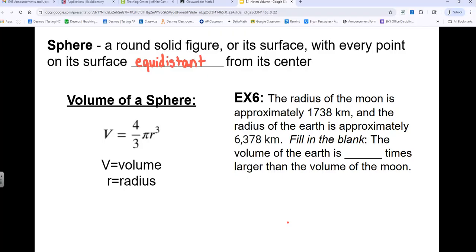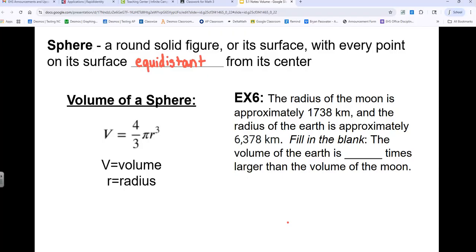Okay, so just looking at this question, if the moon has a radius of like 1,700-ish and the Earth has a radius of 6,300-ish, I initially sort of think, well, that's probably maybe 4 times bigger, something like that.